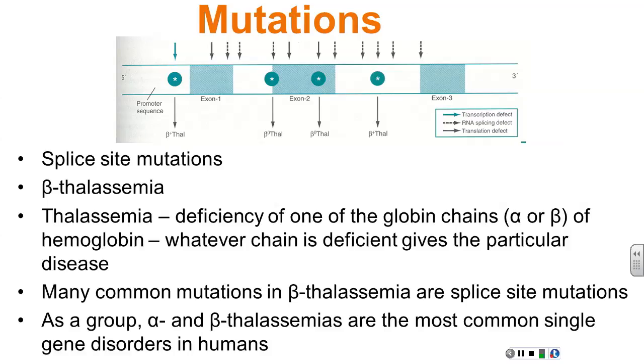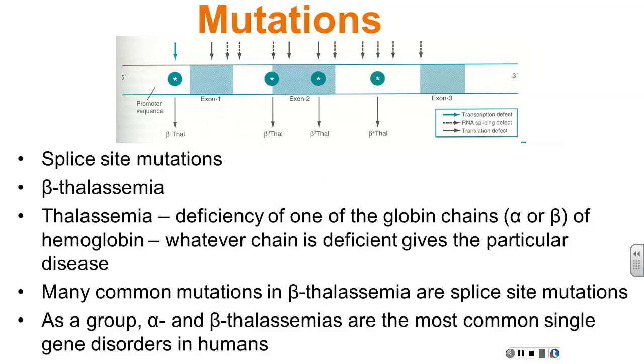One real-world example of where you can see splice site mutations, and this is the one that's very commonly noted in genetics textbooks when they talk about splice site mutations, is beta thalassemia. Since you guys aren't here right now, I can't ask you if you've seen the thalassemias yet, but I'm going to spend some time in the next couple lectures talking about thalassemias.